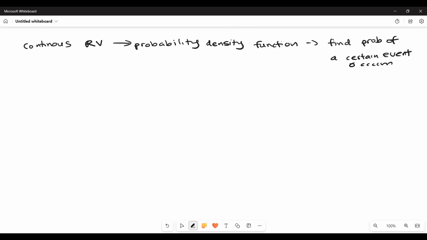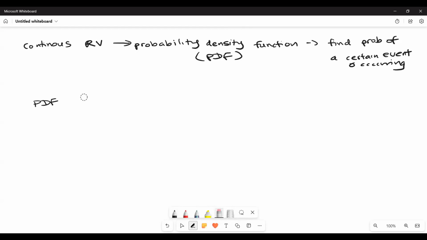Now, the probability density function we will call PDF. PDF is a density function.